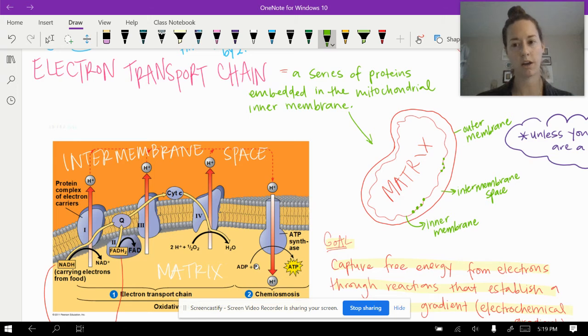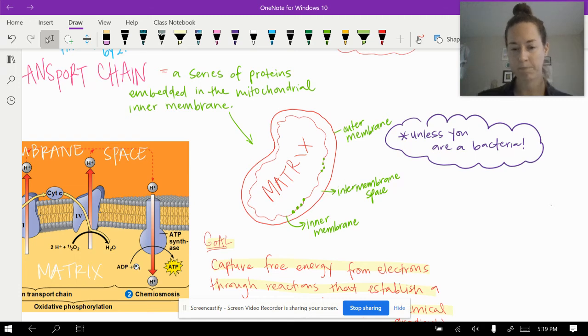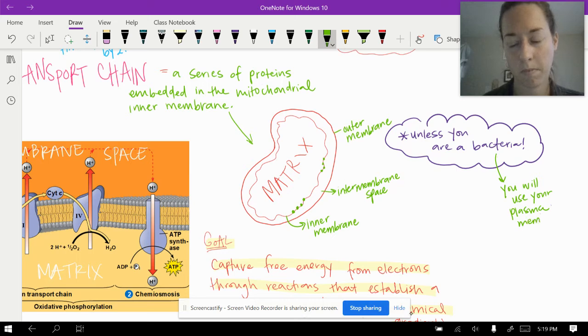Now, this is all, of course, for eukaryotes. So if you are a prokaryote or a bacteria, you're not going to have a mitochondria to use for this. So if you are a bacteria, you will use your plasma membrane instead.